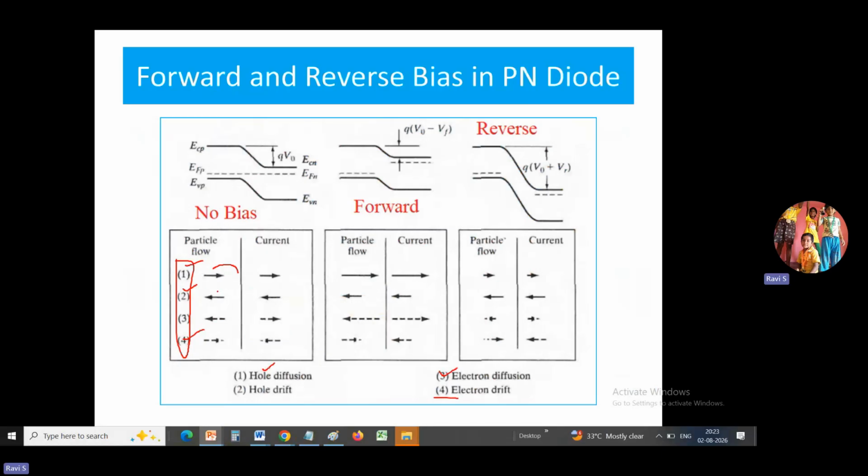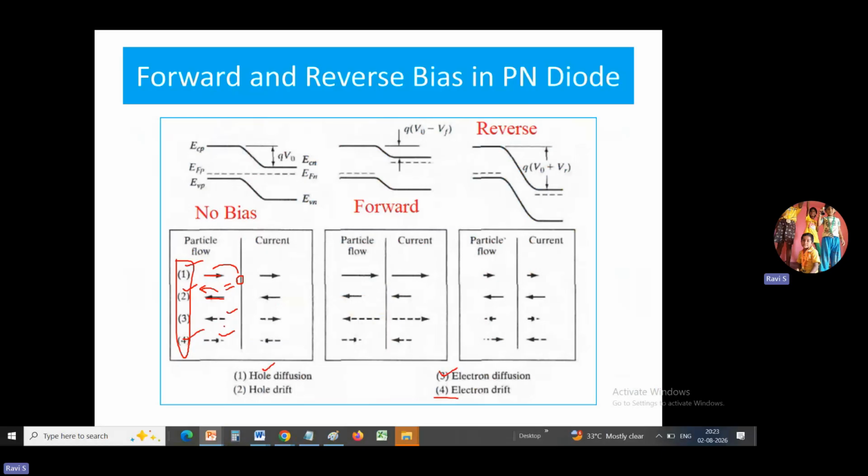The second one, hole drift, is taking place in the opposite direction. So hole diffusion and hole drift are equal in magnitude but opposite in direction. So they cancel each other, and the net current is 0. The same logic is applicable for electron diffusion as well as electron drift.